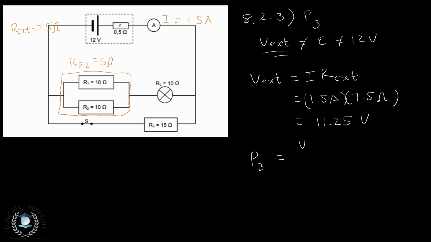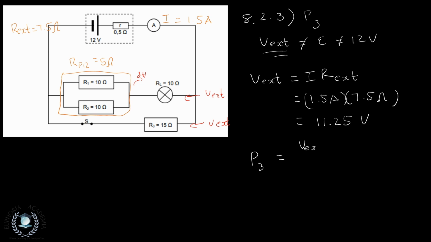Now that we have that, we can calculate the power through resistor 3, because the voltage is going to be the same across the whole parallel circuit. Let me indicate that on the diagram. Our V external is the same in that branch and the same in that branch. It's going to change here, where we'll have a different V. Okay, let us go back to answering the question.